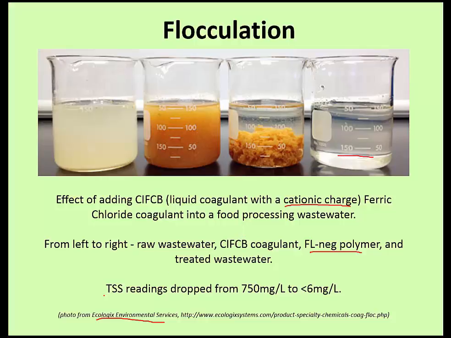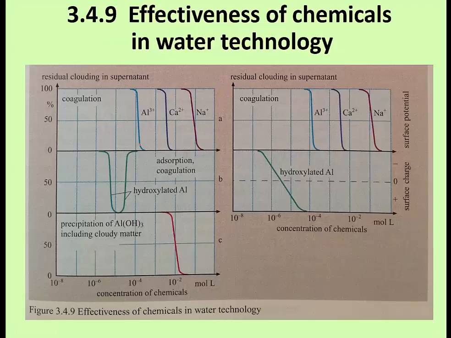And you can see here that their total suspended solids dropped from 750 parts per million down to less than 6. So very effective in doing an initial cleanup on that very cloudy wastewater. In section 3.4.9, the author looks a little bit about various chemicals that are used for coagulation, flocculation.